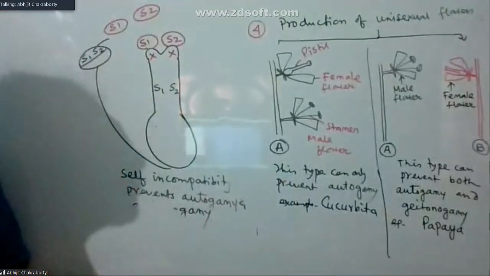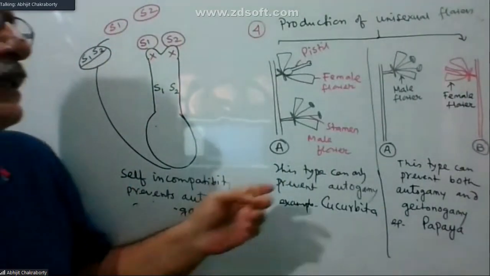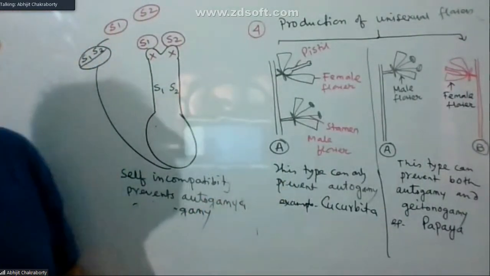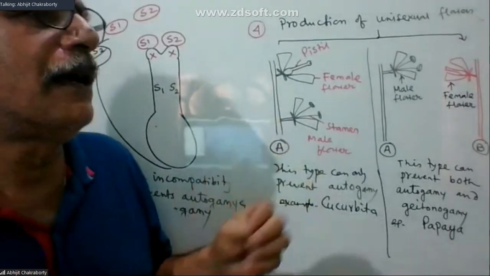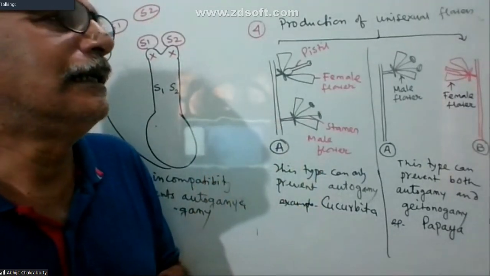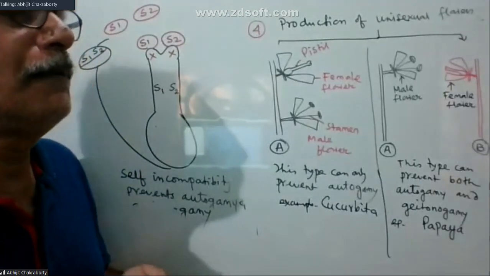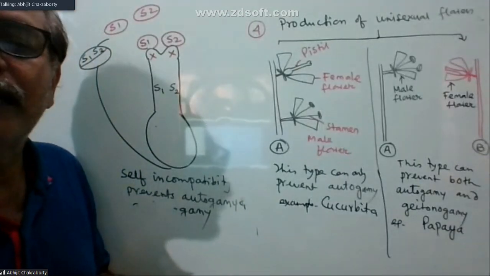So in this way, there are 4 outbreeding devices discussed here to make you understand how these devices can help in discouraging self-pollination but encouraging cross-pollination. Clear?